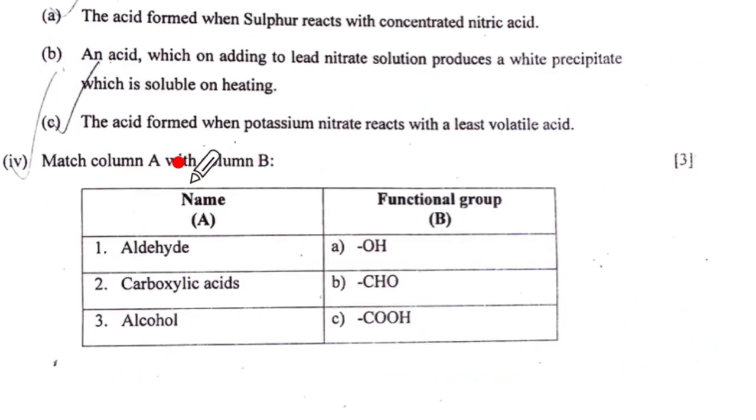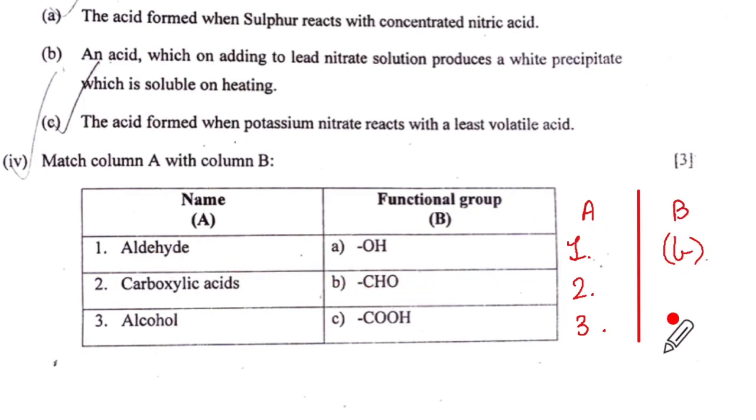Match column A with column B, and they have given us A, B, C. Of course I don't have space here, but I'll just tell you in short what you should do. So we have column A and column B, and we have 1 here and 2 here and 3 here. Now aldehyde will be dash CHO, so I will write like so.